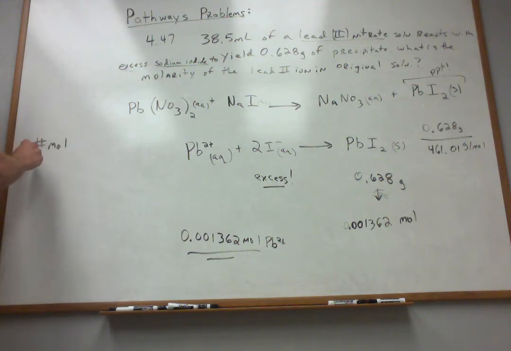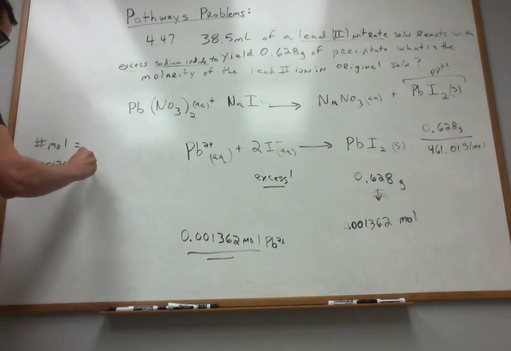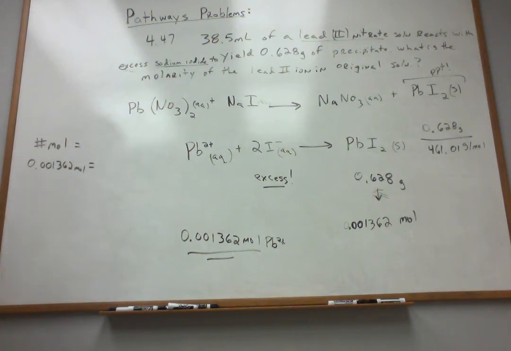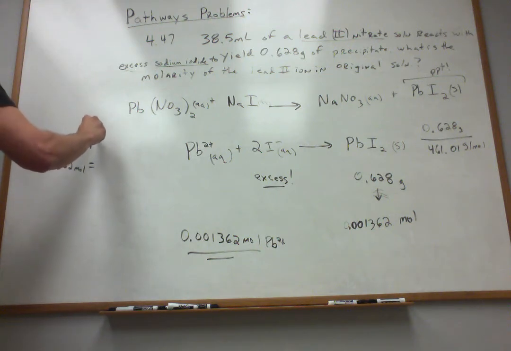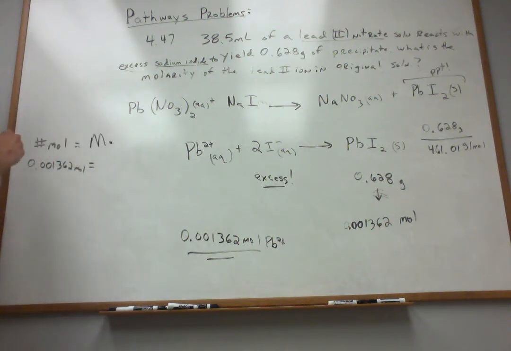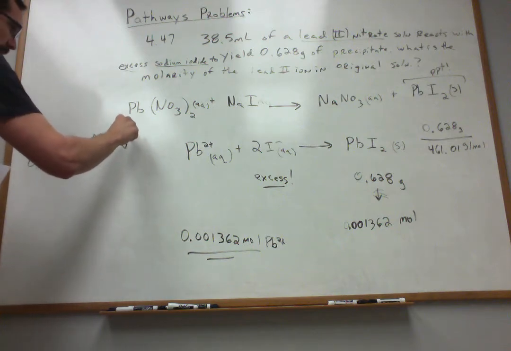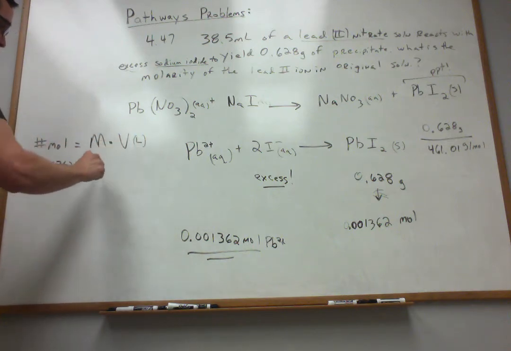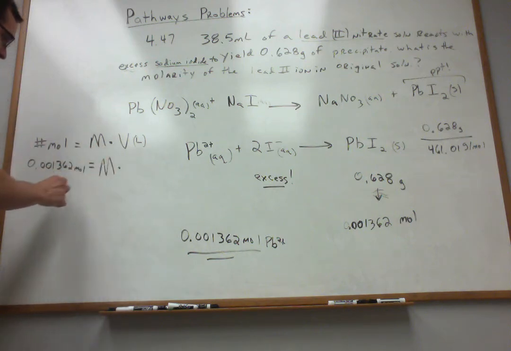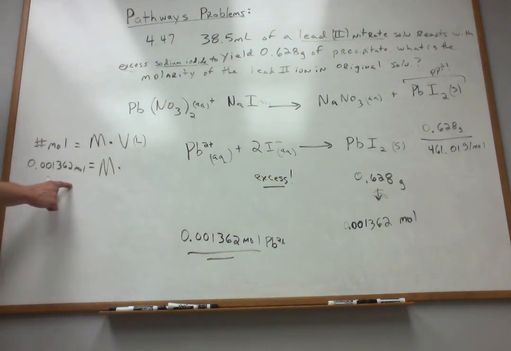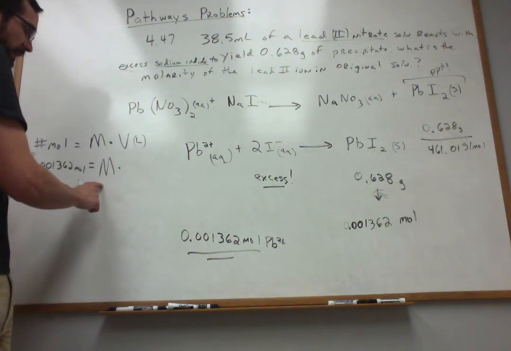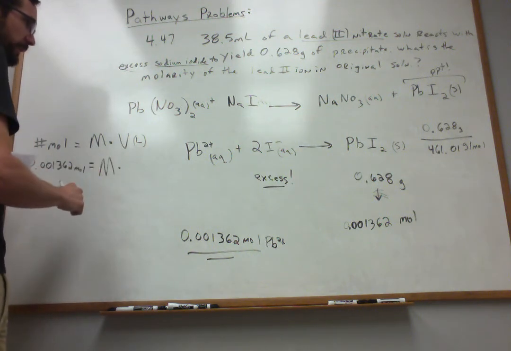is that my number of moles of lead that was present in that solution is equal to 0.001362 moles. And because I'm dealing with solution phase chemistry here, I know that my number of moles of a solute is equal to the molarity times the volume in liters. So I can write my number of moles of lead, and that has to equal the molarity of the lead times the volume in liters.